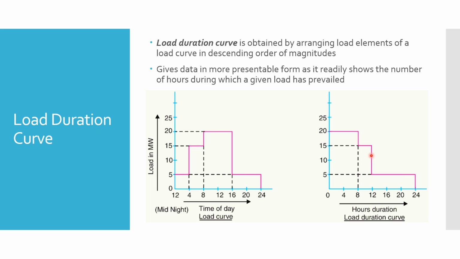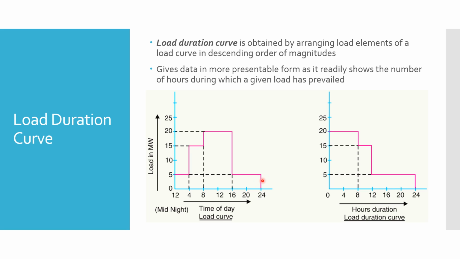Secondly, you can also tell that the load was 15 megawatts or greater for a total of 12 hours. Then if you talk about 5 megawatts, you can see that the 5 megawatt load is from 12 a.m. to 4 a.m., which is 4 hours, and then from 4 p.m. to 12 p.m.